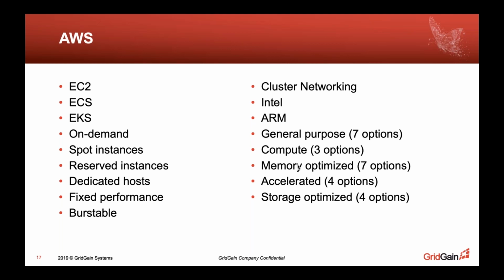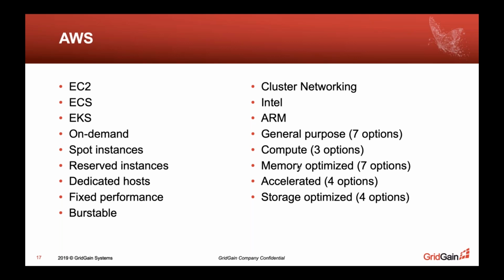If we're doing container-based deployment of our data grid, we may choose to manage our containers through ECS, which is a container service. It sort of predates Kubernetes. If we're choosing Kubernetes as our orchestration engine for our Docker containers, we can set up our own Kubernetes in Amazon, or we can use the hosted Kubernetes service.